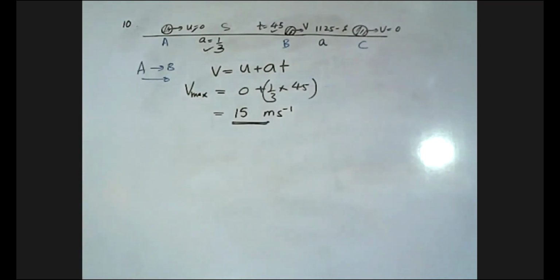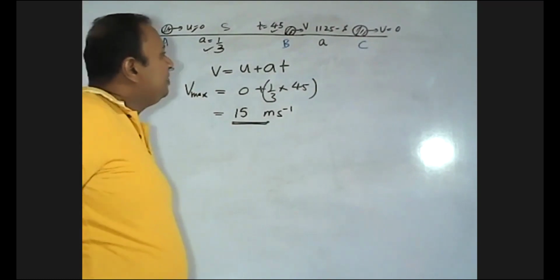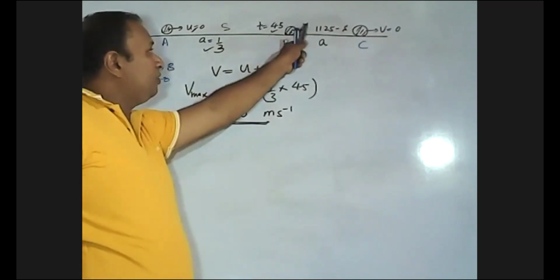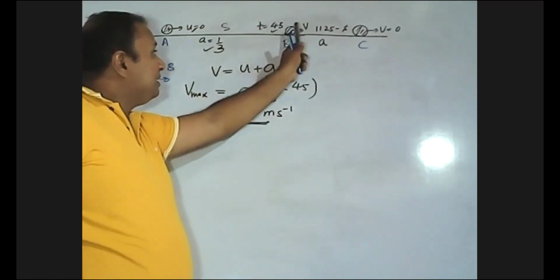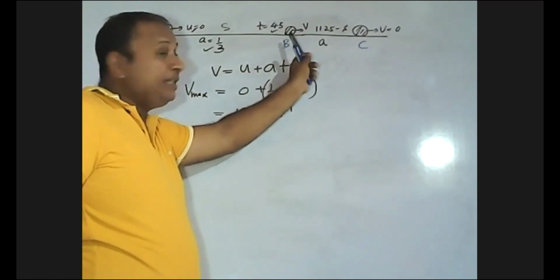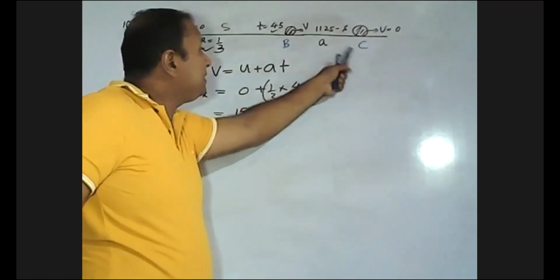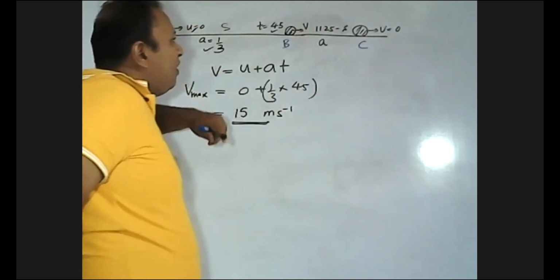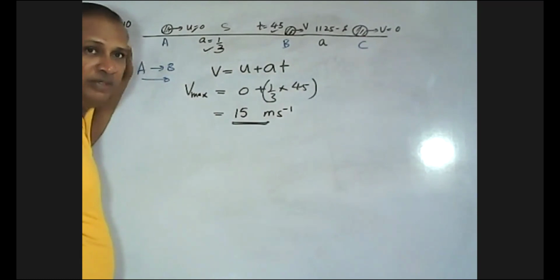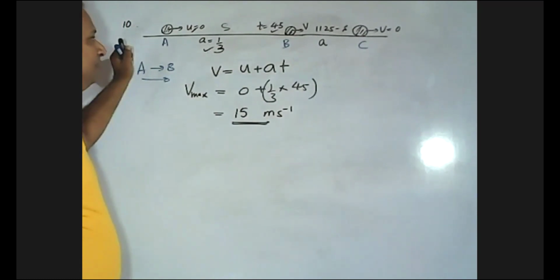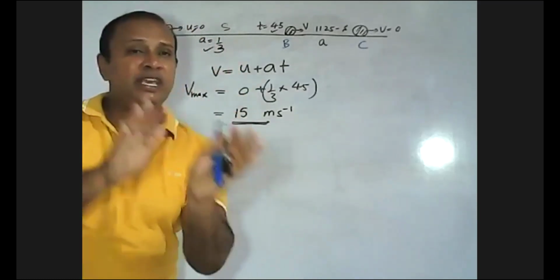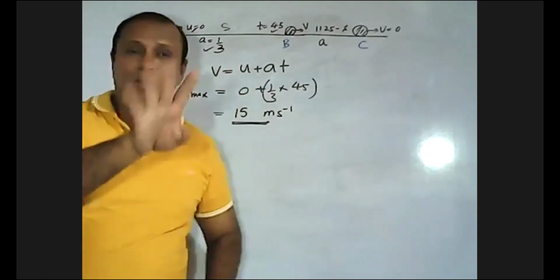Then you have to find the deceleration. Now you know V, the initial velocity of BC motion, and the final velocity of BC motion, which is 0. You know only two variables. But in all the equations of linear motion there are 4 variables.